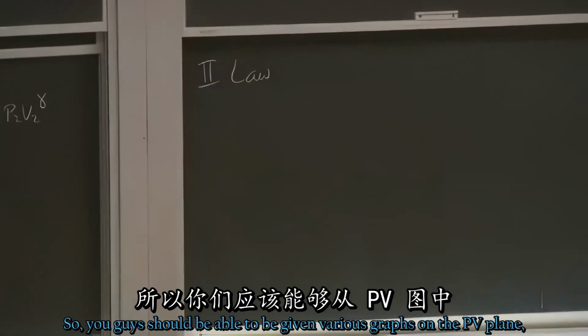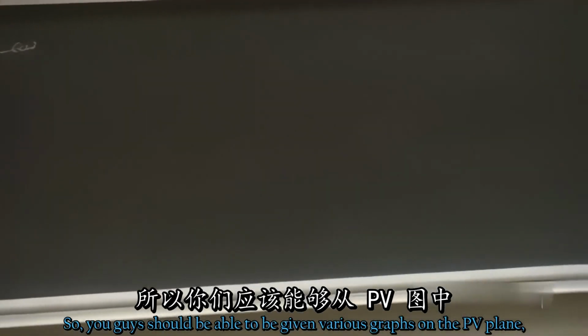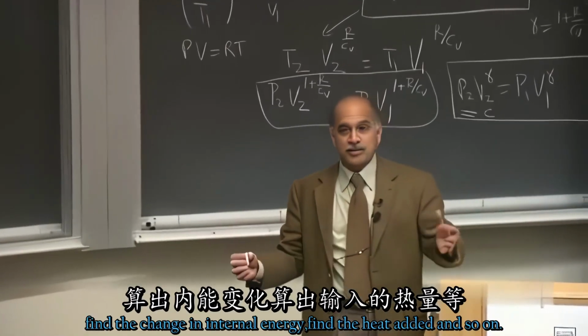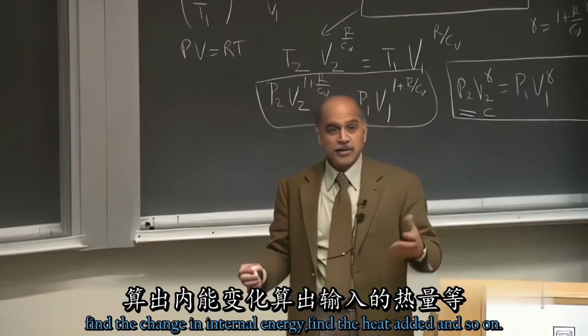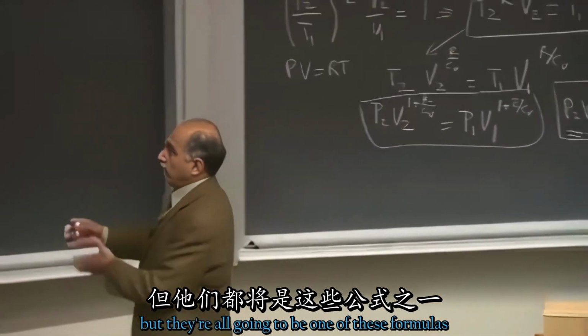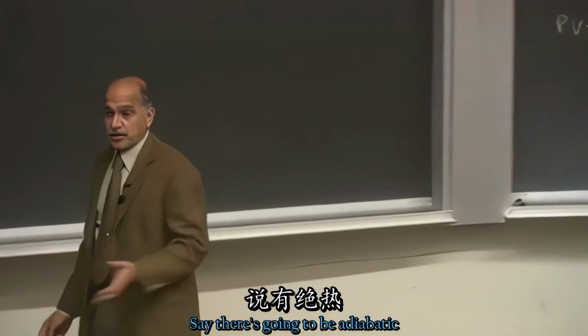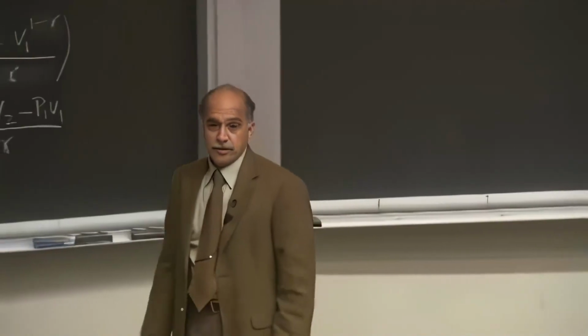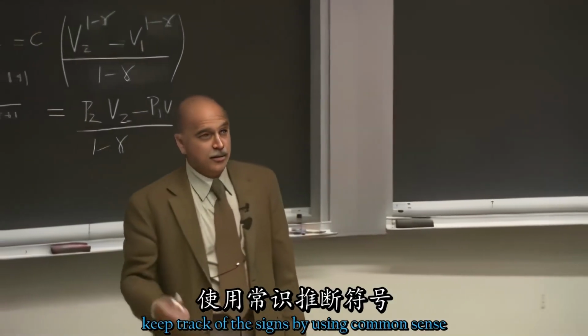You should be able to be given various graphs in the PV plane, find the work done in going from here to there, find the change in internal energy, find the heat added, and so on. I hope you can do such problems. But they're all going to be one of these formulas. Either it's going to be adiabatic or constant pressure or constant temperature. So you just plug the numbers in. Keep track of the signs by using common sense.